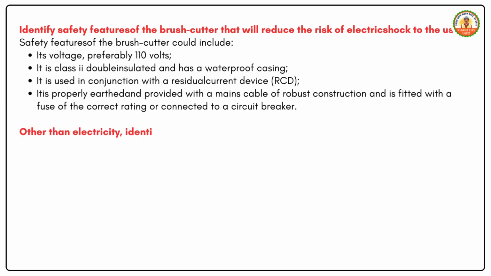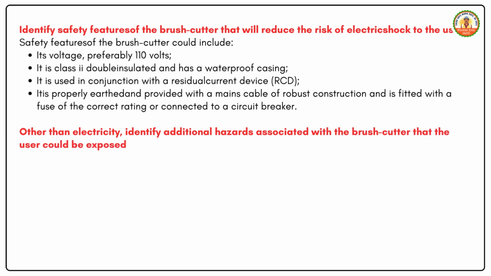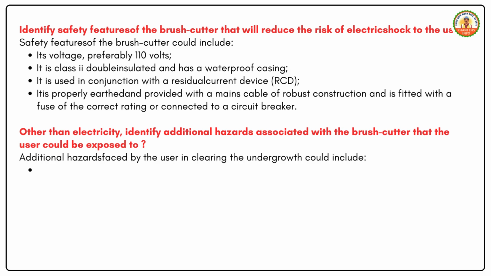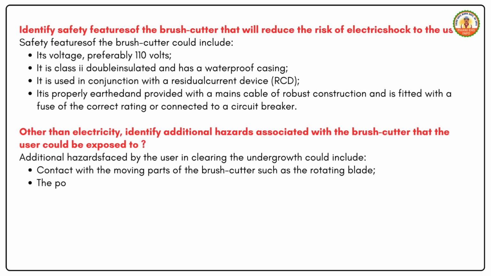Other than electricity, identify additional hazards associated with the brush cutter that the user could be exposed to. Additional hazards faced by the user in clearing the undergrowth could include contact with the moving parts of the brush cutter such as the rotating blade. The possibility of being struck by flying stones or other material.